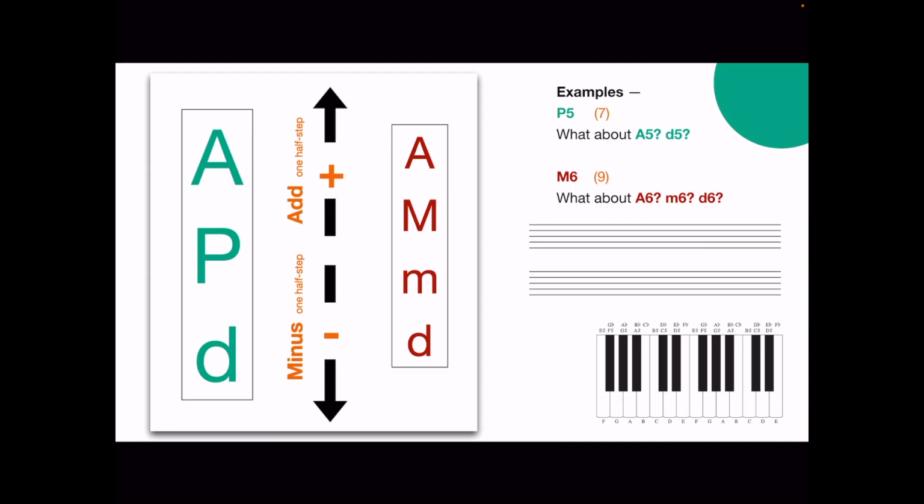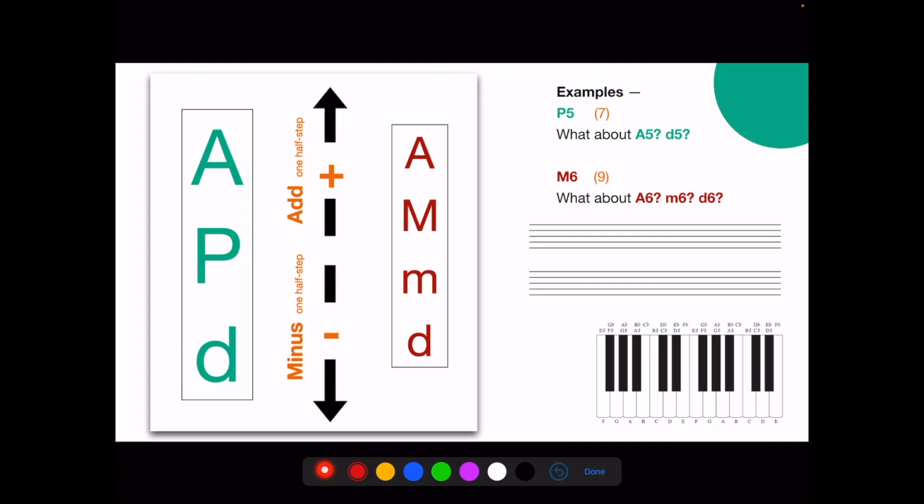Now, remember, we talked about how we can use these intervals of a major scale as our base to figure out all the rest of the intervals, like the minor, augmented, diminished. So here, what you see on the left side is showing you how you can go from a perfect interval and how to change it into something else.